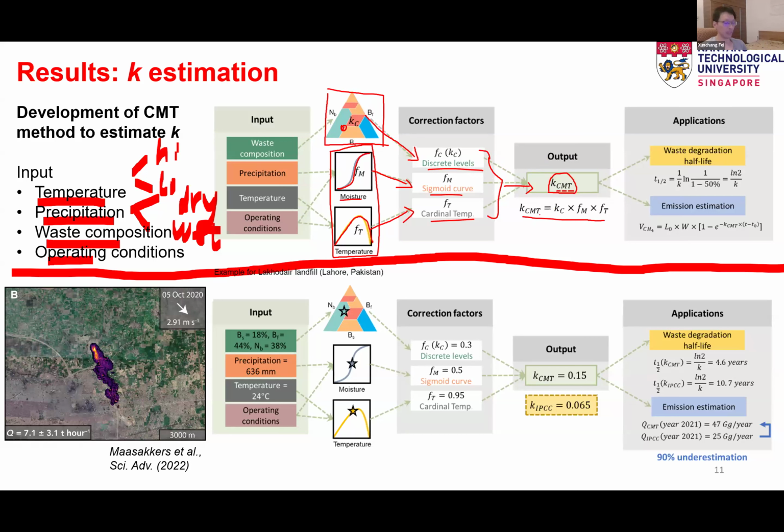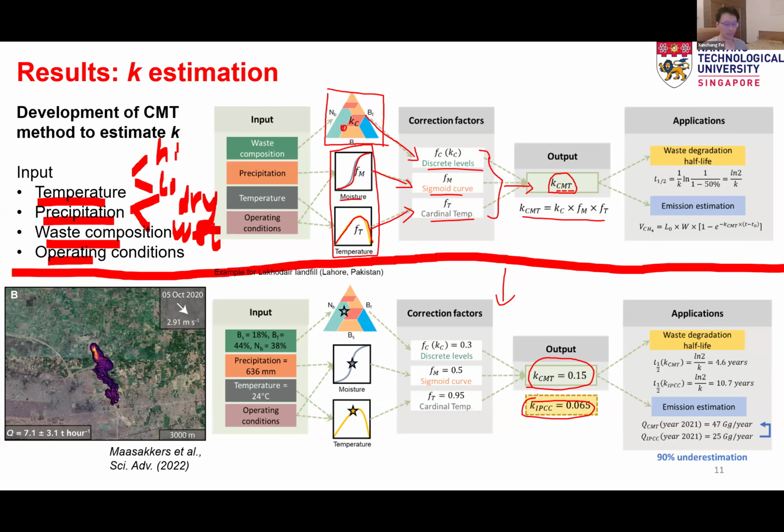So this is what we will use later on. In comparison, here on the bottom part of the page, I show a quick comparison between the K value that we obtained and the default KIPCC value.